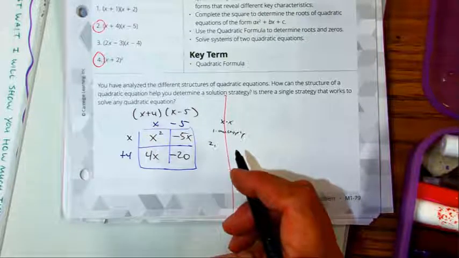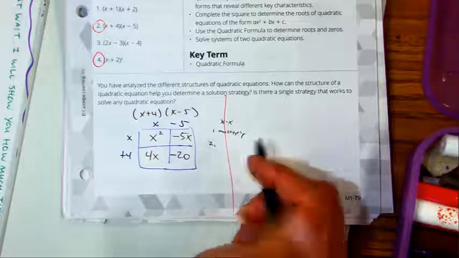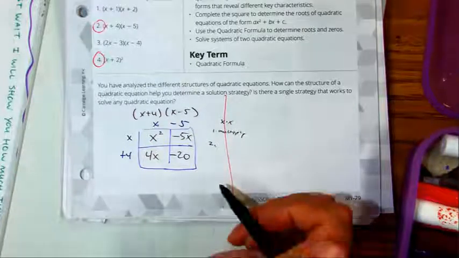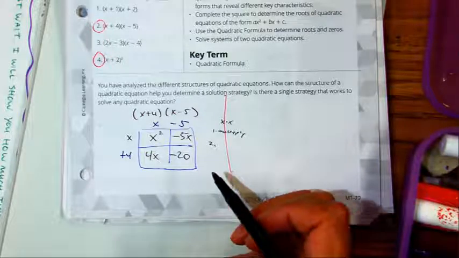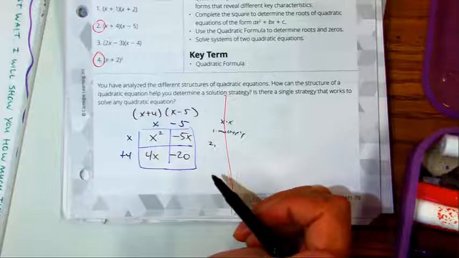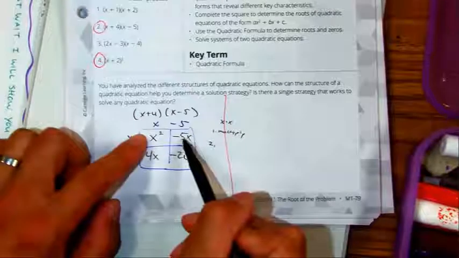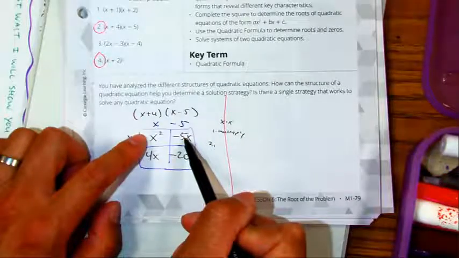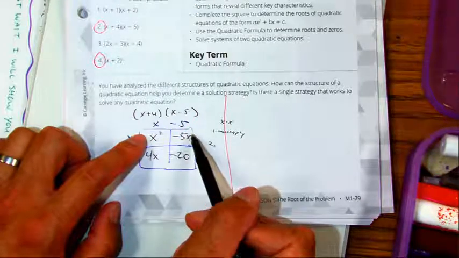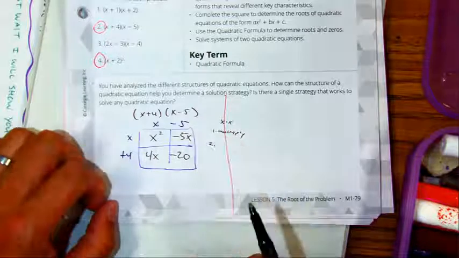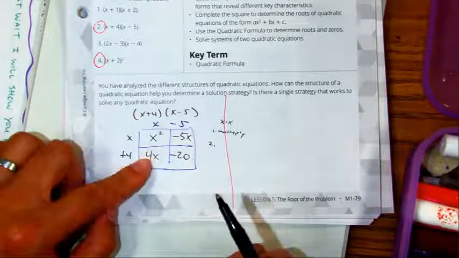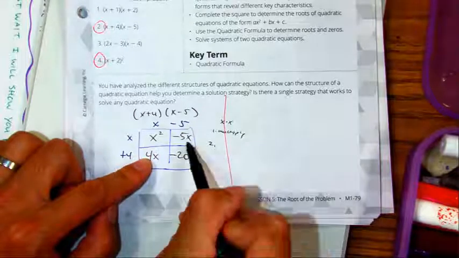What do you want to subtract? Everyone put your 2 fingers. Which ones we're going to subtract or add? Which one, Trisha? Can I do these 2? X squared minus 5x? No, they're not like terms. Do you know any others that are like terms? 4x and? And what do you get?